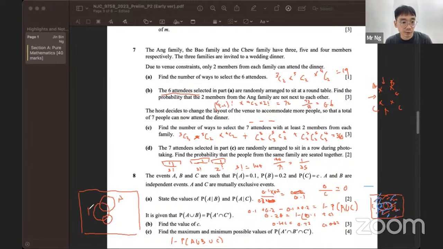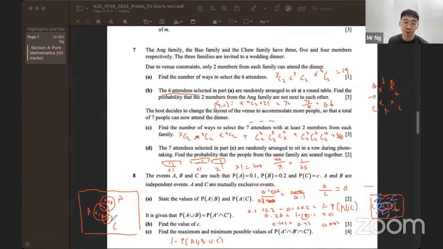So A, B, C. This one is 0.02, this one is 0.08, and this one is 0.18, including the B intersect C. Do note that the 0.18 includes the B intersect C, and C includes the intersection with C as well.